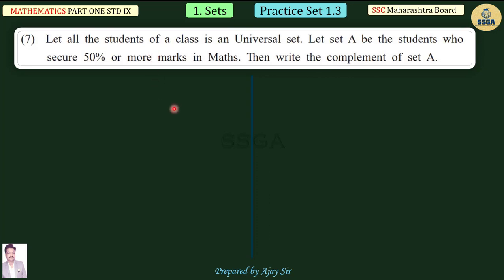So in this case, those students who got less than 50% marks in maths are called the complement of set A. So first we will write the universal set. U is equal to the universal set. It is the set of all students in the class.